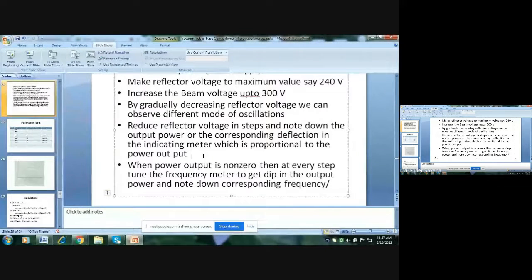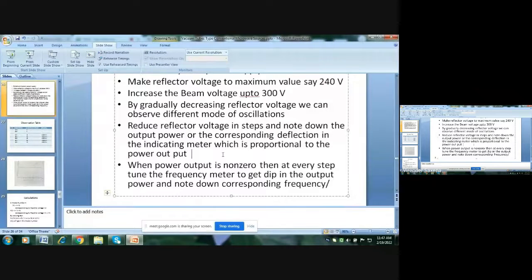Generally we do not have a power meter because it is expensive, so we use a microwave detector, in which a crystal diode converts power into DC power, and that DC indication in current is proportional to the output power of the crystal.